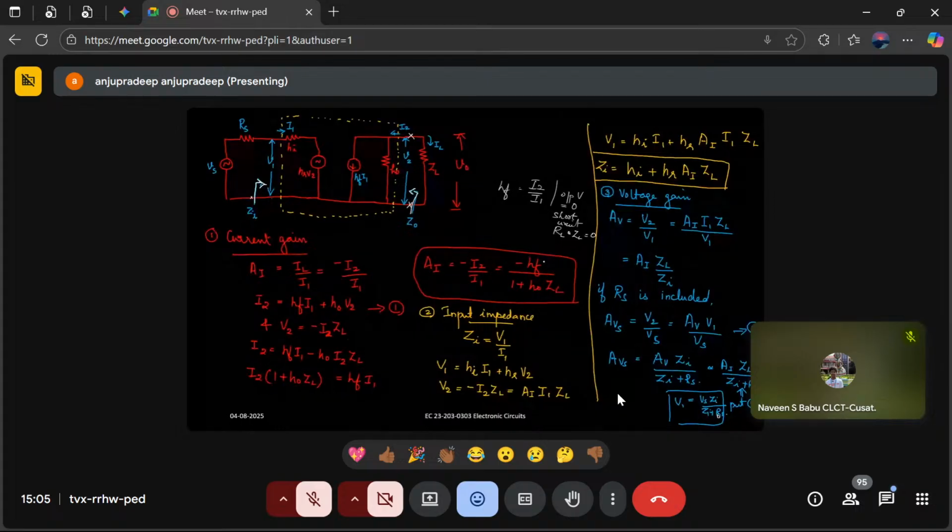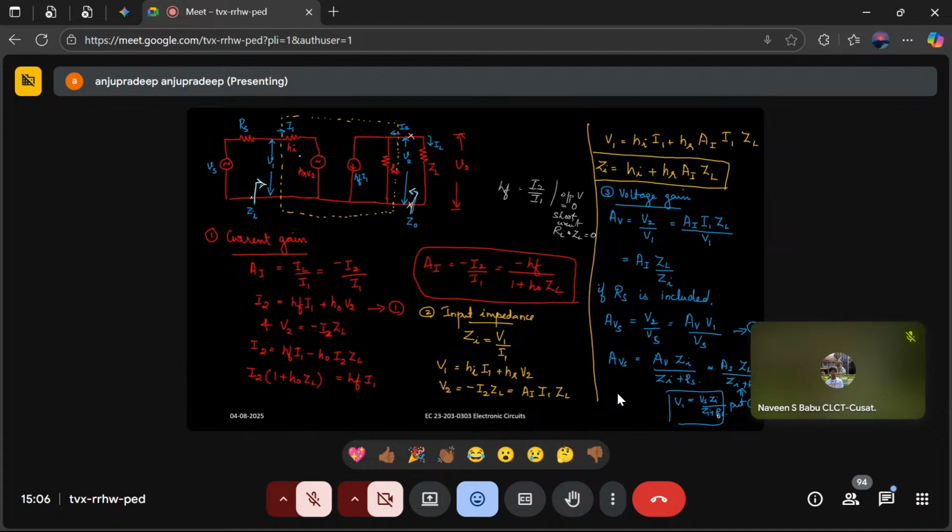So that is why, remember in the RC phase shift oscillator, we had derived a condition that you should use an HF or beta of a certain minimum value, because you can't expect to get a high current gain with a low HF or beta transistor. They are related. So AV is equal to AI into ZL divided by ZI.